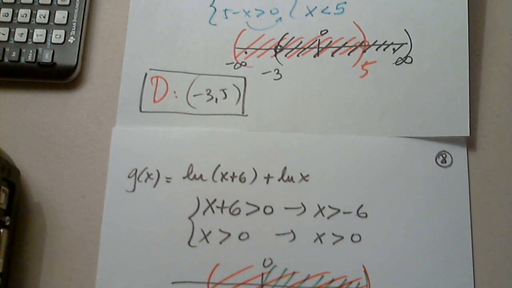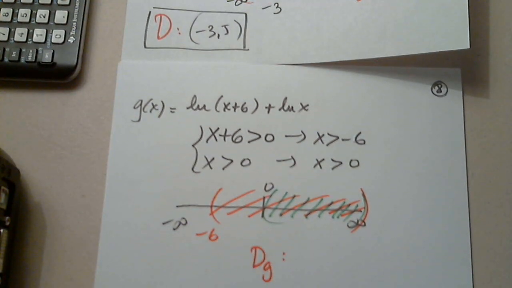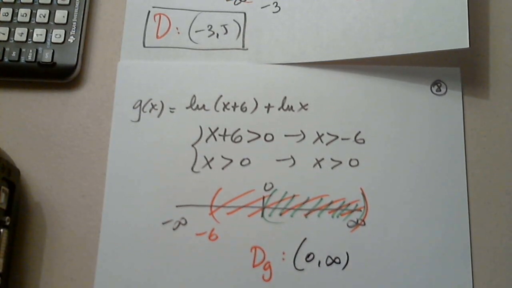I need to find the domain of G. Anyone? 0 to infinity. That's it. I see both colors. They both exist. That must be it. Awesome. Great job.